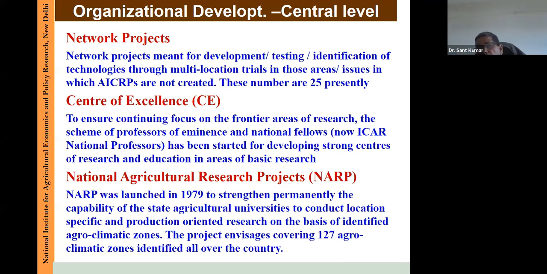The National Agriculture Research Projects were also started in 1979 with the help of the World Bank to strengthen permanently the capability of the state agriculture universities to conduct location-specific and production-oriented research on the basis of identification of agroclimatic zones, which are 127 in this country.